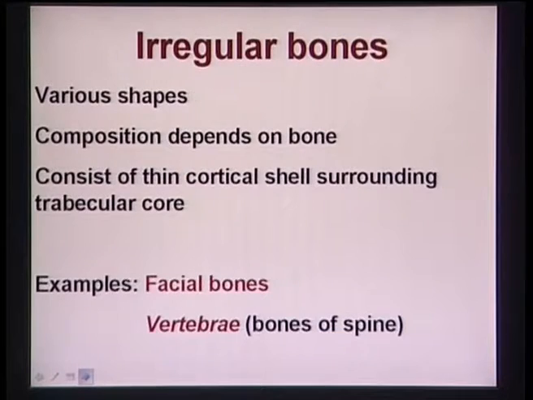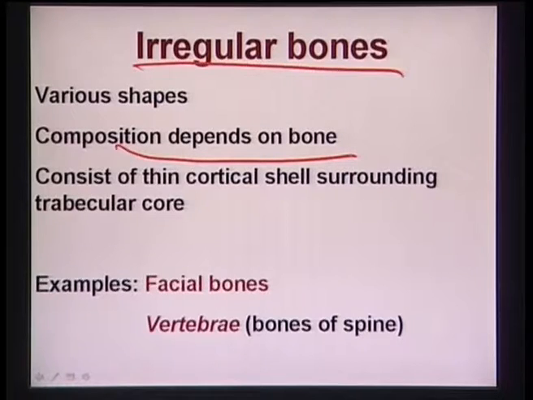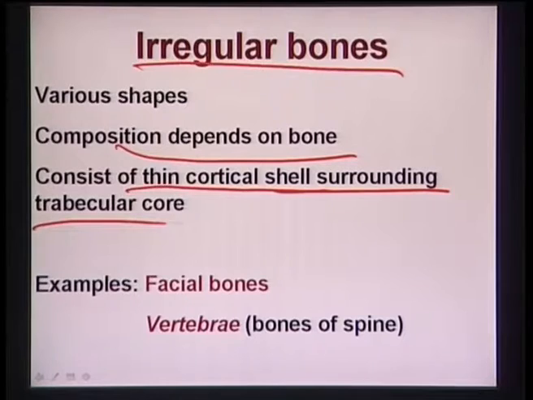Irregular bones, as the name suggests, have various shapes, and the composition also depends on the bone, and it consists of a thin cortical shell surrounding a trabecular core. Again the same principle, a hard surface protecting the weaker region, that is the trabecular bone.